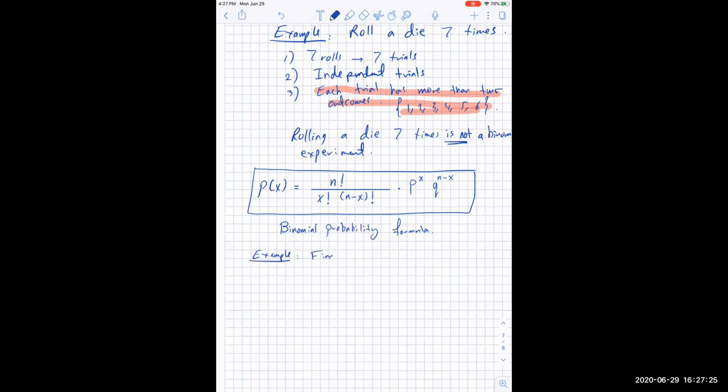Find the probability of getting exactly 4 heads in 7 tosses.